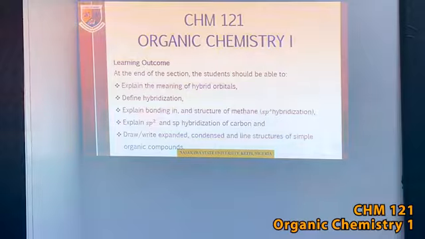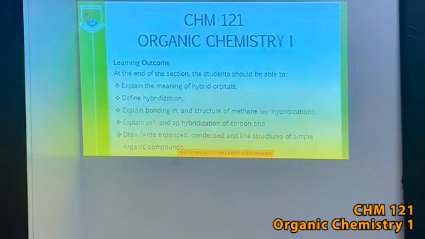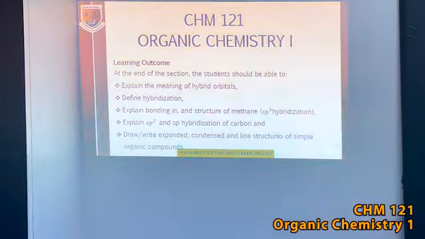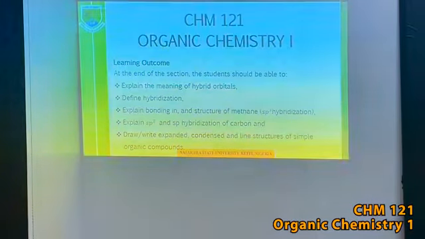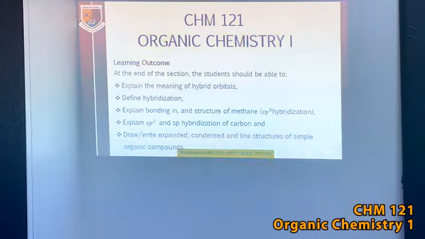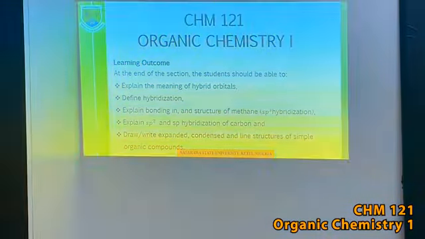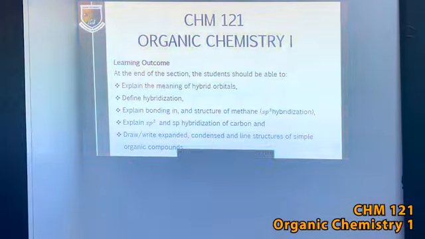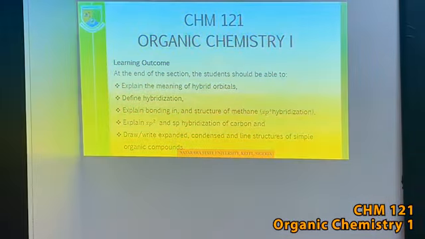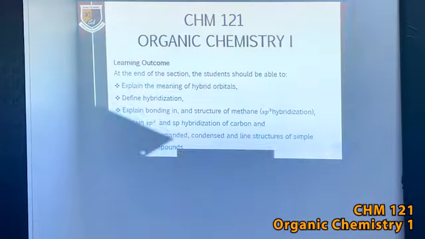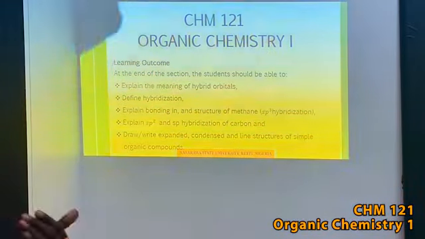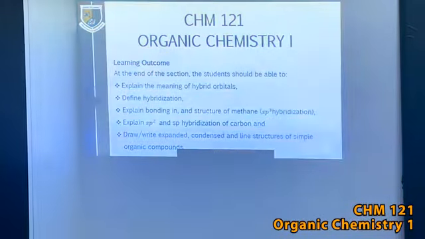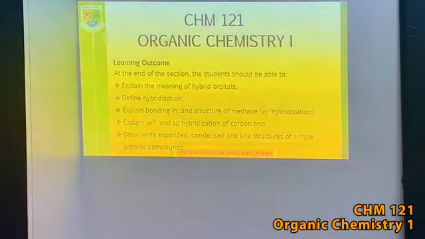Explain sp2 hybridization as well as sp hybridization of carbon, and of course discuss the structural peculiarities that arise because of that hybridization. And then we want to be able to draw structures of these organic compounds, understand the various formats in which this can be presented.